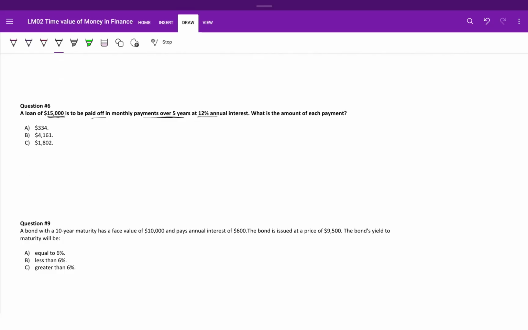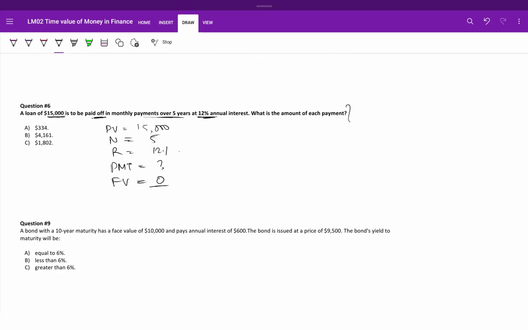The loan of 15,000 is to be paid off, so by the end of the time, the loan value is going to be zero. So present value is 15,000. N is 5 years. The rate is 12%. Now PMT we actually have to calculate, and the future value is going to be zero.